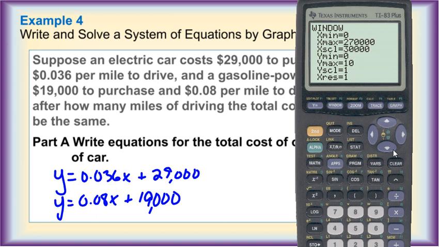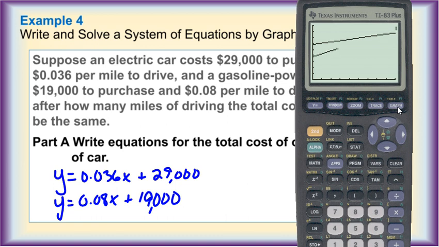The y maximum, let's do 45,000, since these are in the thousands, and we'll count by 5,000s. Now if we hit graph, there's our first one, the electric. Here's the gas-powered one. They cross roughly here.